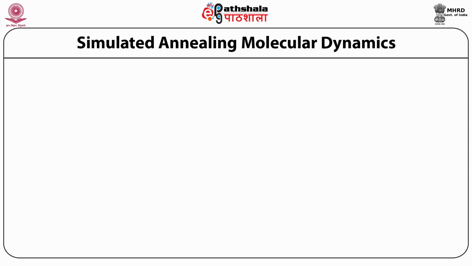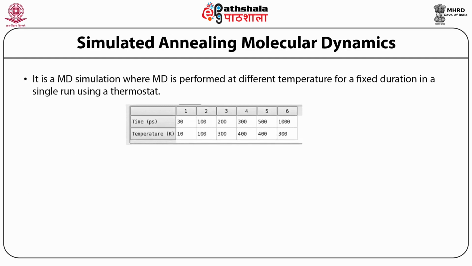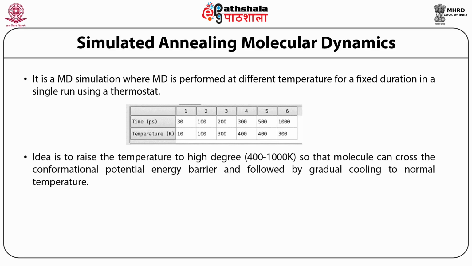Simulated annealing molecular dynamics is a MD simulation where molecular dynamics is performed at different temperatures for a fixed duration in a single run. Since we are using different temperatures, we need a thermostat to regulate the temperature. The idea here is to raise the temperature to a very high degree like 400 to 1000 Kelvin so that the molecule can cross the conformational potential energy barrier, followed by gradual cooling to normal temperature.